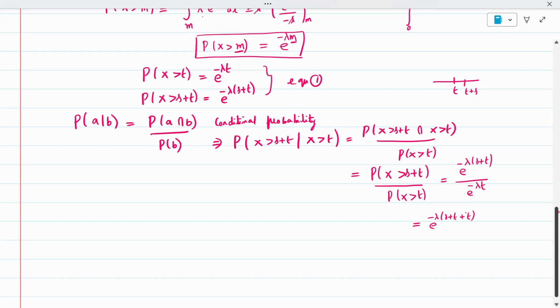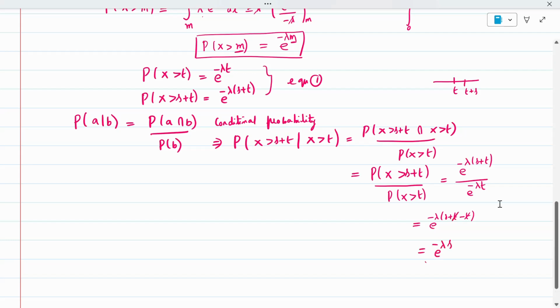The minus symbol is taken outside, so minus t. Now simplify it. T gets cancelled. It is e to the power minus lambda s.